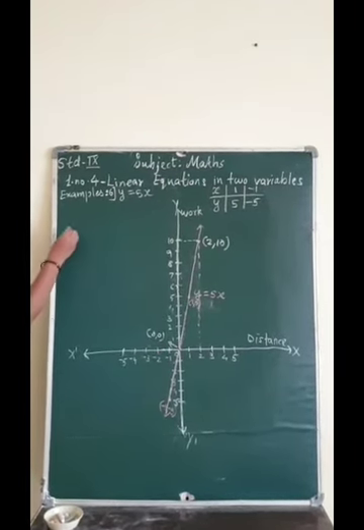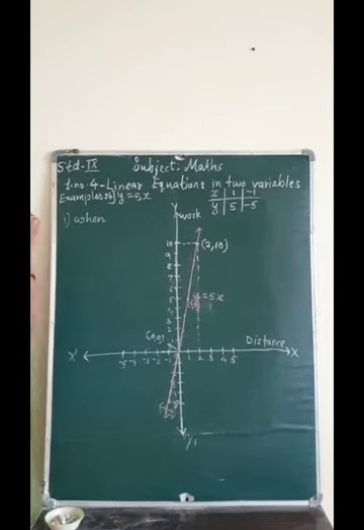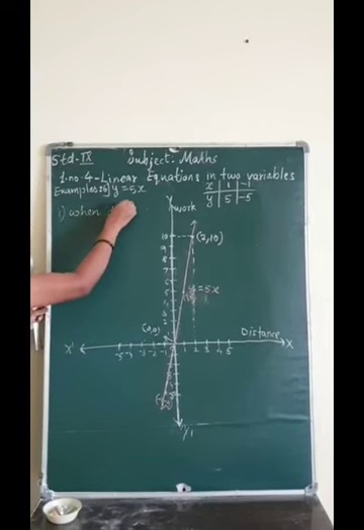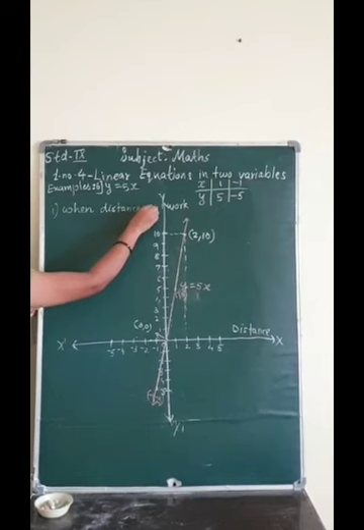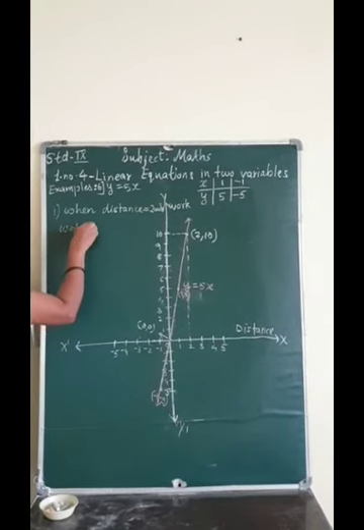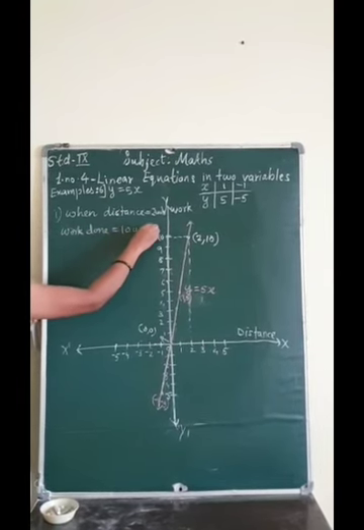So here we write: first question, when distance is 2 units, work done is 10 units.